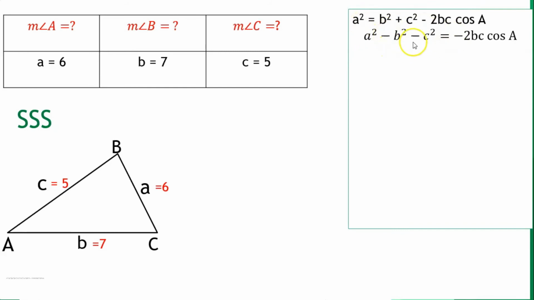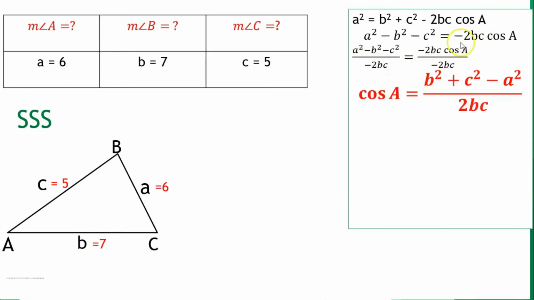So a squared equals b squared plus c squared minus 2bc cosine A. Transfer this, and we'll have negative 2bc cosine A equals a squared minus b squared minus c squared. Divide the entire equation by negative 2bc. So we will end up with cosine A is equal to b squared plus c squared minus a squared over 2bc.